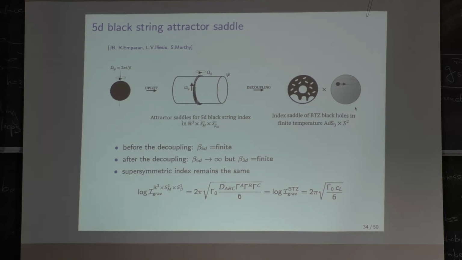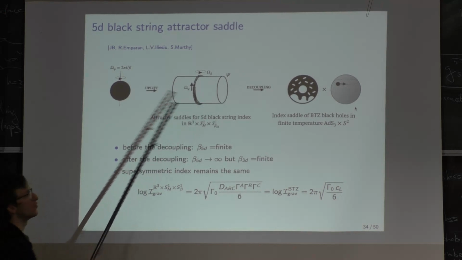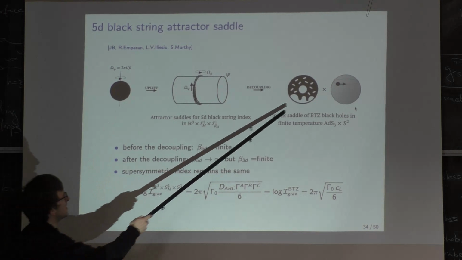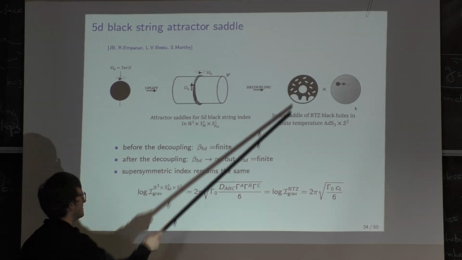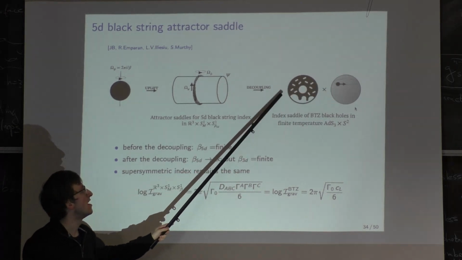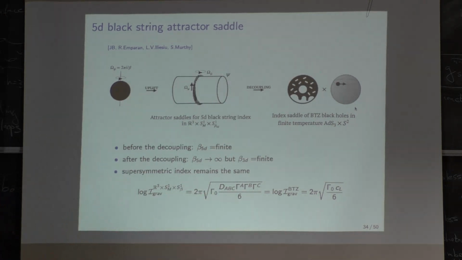We can also go a step further, and take the decoupling limit in which we zoom in onto the near horizon region. What we're going to end up with is this BTZ black hole times S2. So we end up with a finite temperature solution in 3D gravity that computes the index with AdS3×S2 asymptotics.